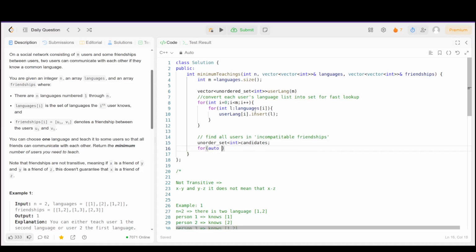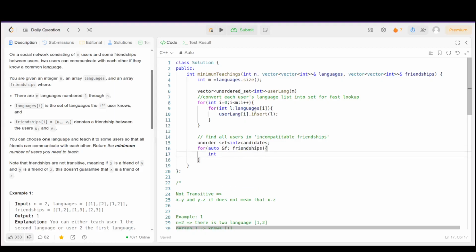Now we go through each element of the friendships array and try to see. Let f be a friendship, and we have to convert first: it is one-based indexing, so we convert it to zero-based indexing. So u equal to f of 0 minus 1 and v equal to f of 1 minus 1.